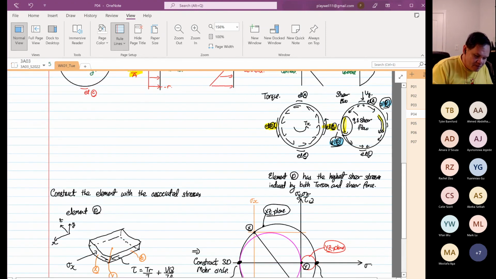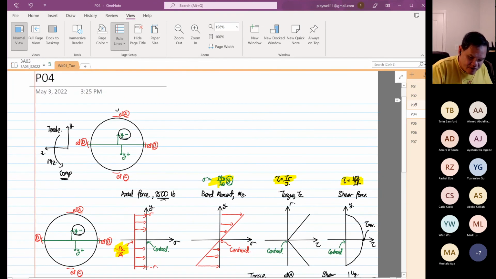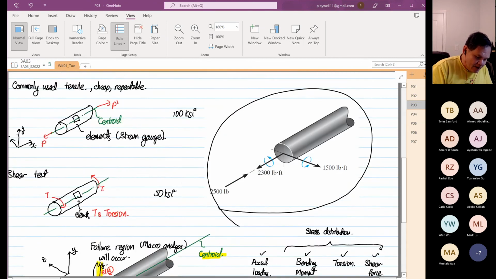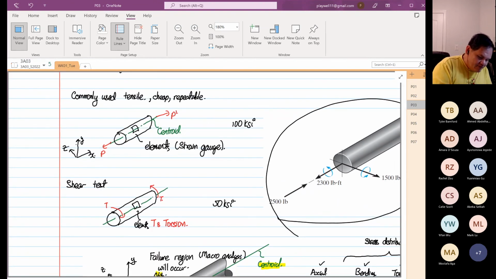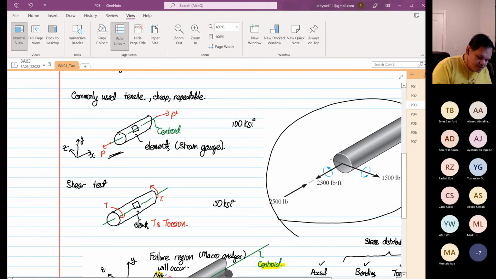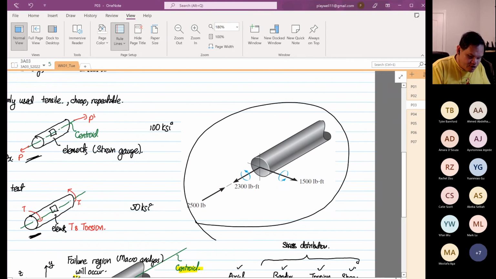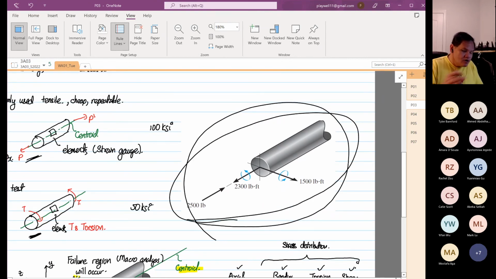So let me elaborate a bit more. What I'm trying to say is this. I hope I sound clear. We are given the properties in uniaxial tensile and the properties of uniaxial or shear test only. Our structure is not loaded that way. The only common feature over here is that both of them have principal stresses.